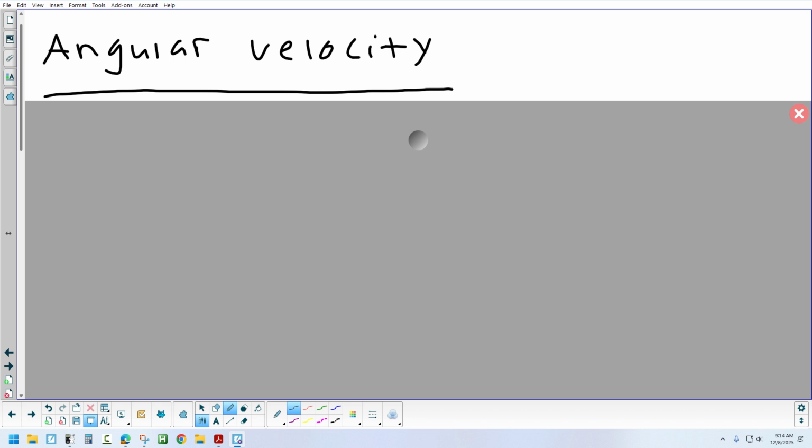Well, what's velocity? What is that? See the word velocity. How would you explain what velocity means? It would be like the speed and direction of objects. Yeah, it's the speed and direction of an object.